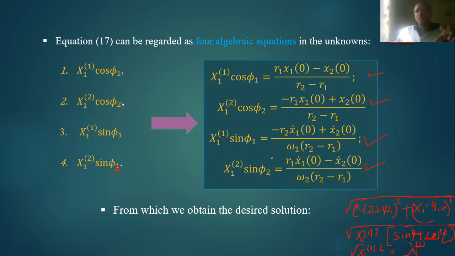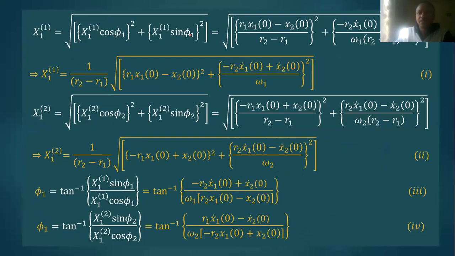Similarly, for x1 of 2, this square plus this square gives us x1 of 2, which is equal to this square plus this square in the radical. So that is the expression here. From that, we can obtain this general equation for x1 of 1.